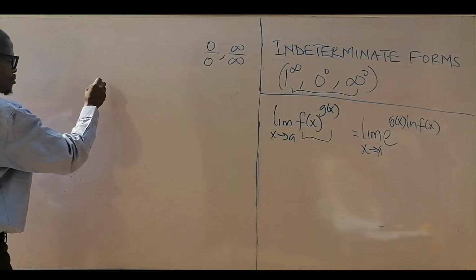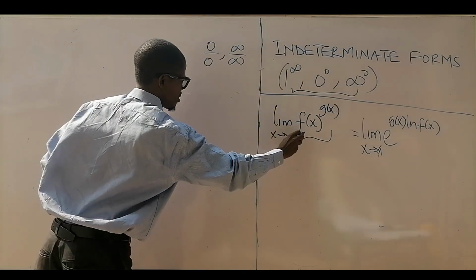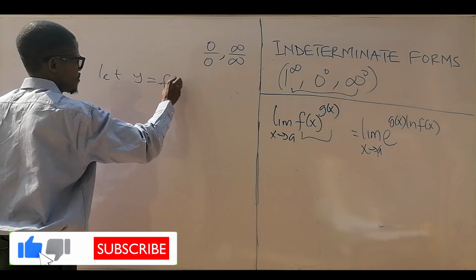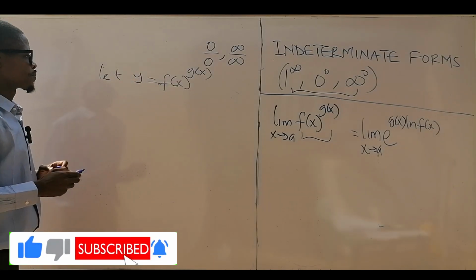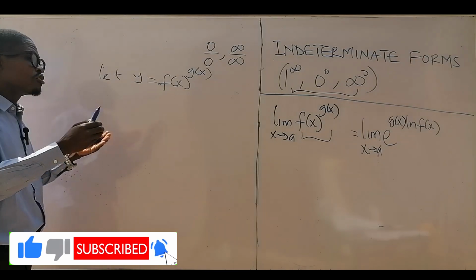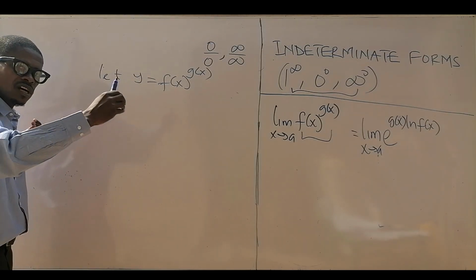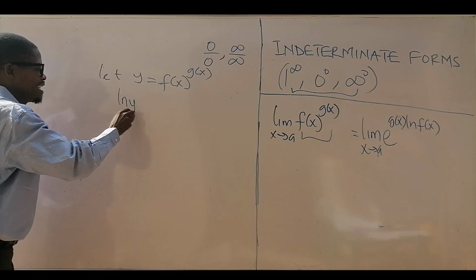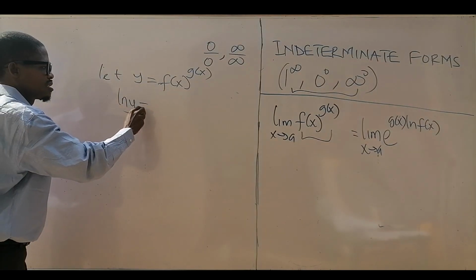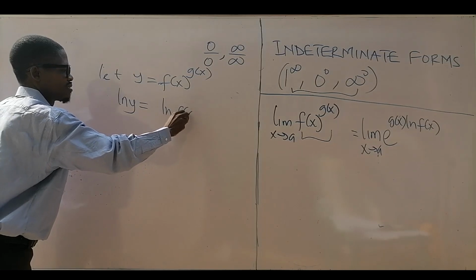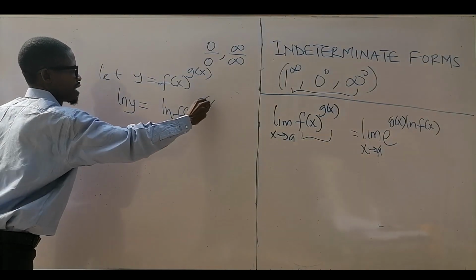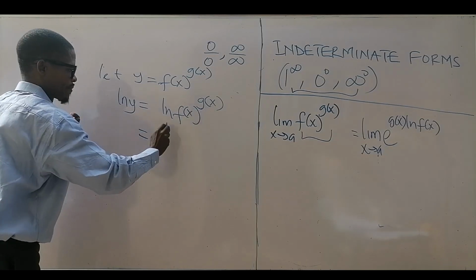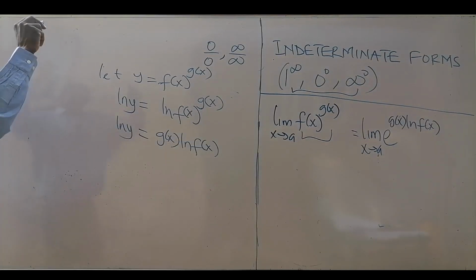What you do is very simple. Just call this one y. Let it be equal to this. Then the next thing to do is to take the natural logarithm of both sides of the equation. So you have ln y equals ln of f of x to power g of x, which, according to the rules of logarithm, is g of x times ln f of x.